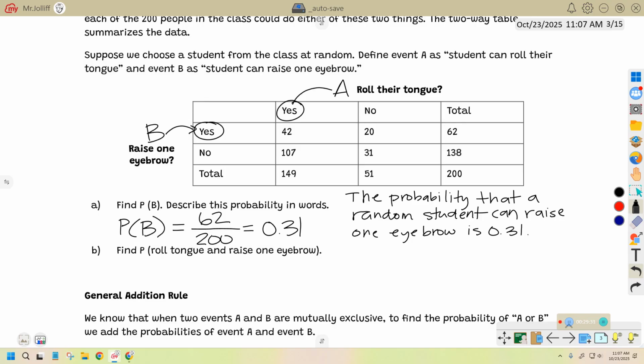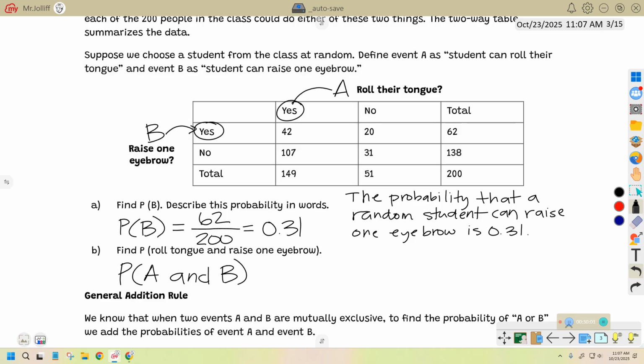Okay, next one. P(roll tongue and raise one eyebrow). I'm going to rewrite that in something slightly less scary. A and B. A is roll your tongue, B is raise one eyebrow. So P(A and B). And the question is, where in that table are the students who can do both? 42.